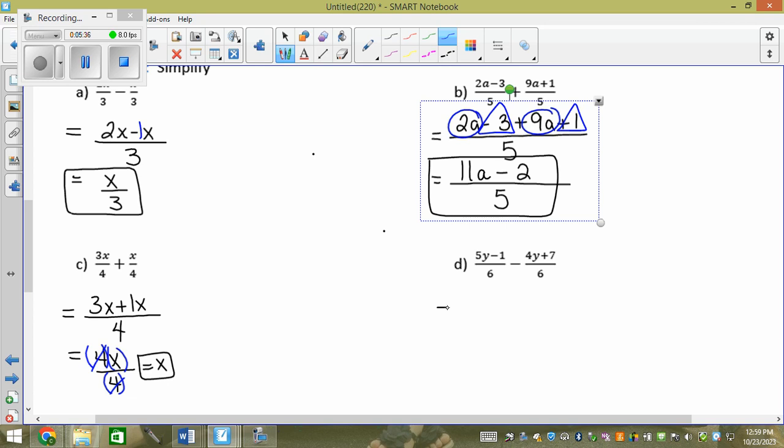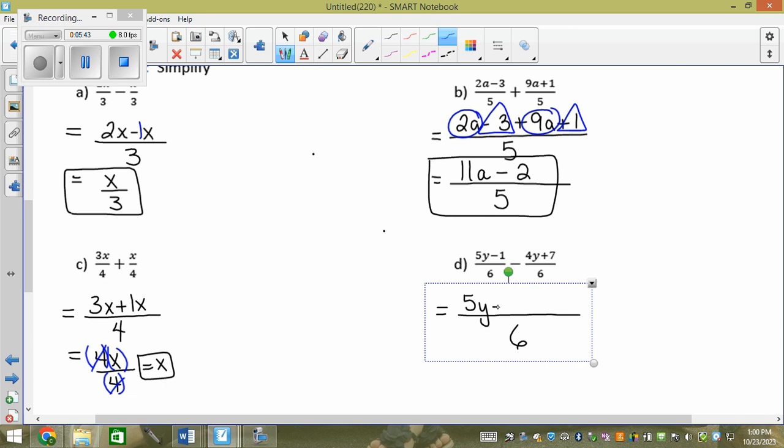So these are both over 6, so I can write them all over 6. And then I get 5y minus 1. And then I have to subtract the 4y, and I have to subtract the 7. So I get minus 4y minus 7.